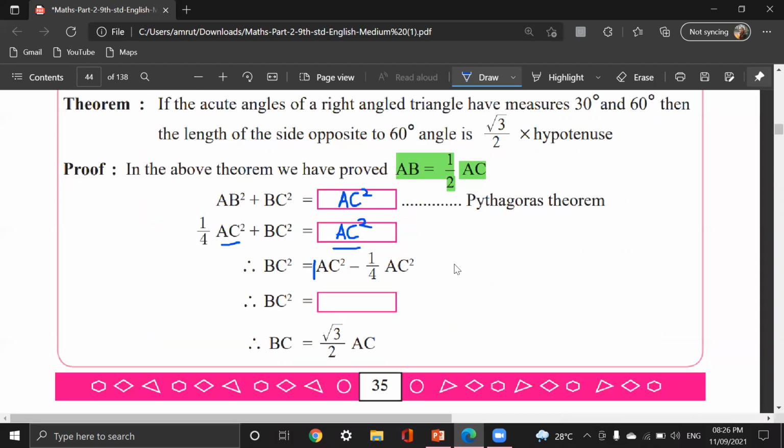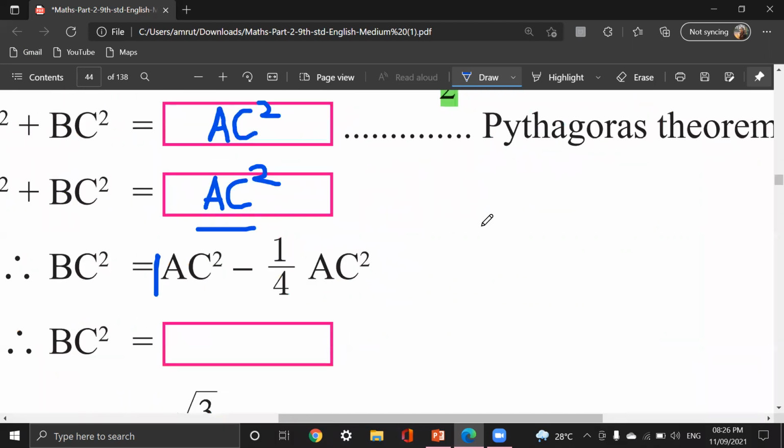Okay, so I'll just write down over here in rough work, 1 minus 1/4.